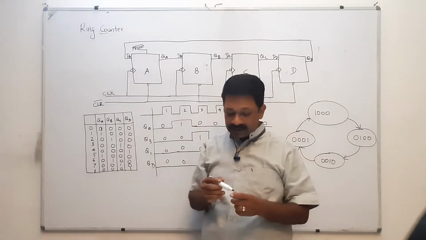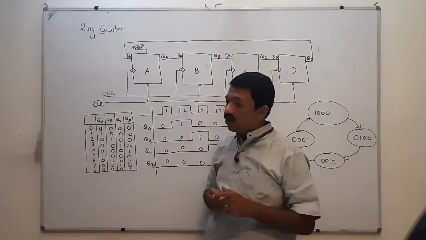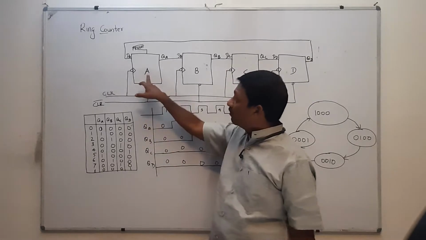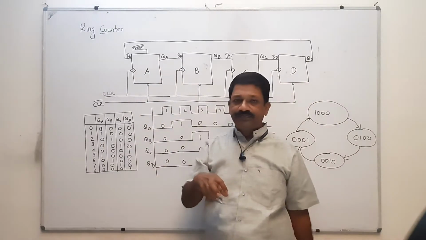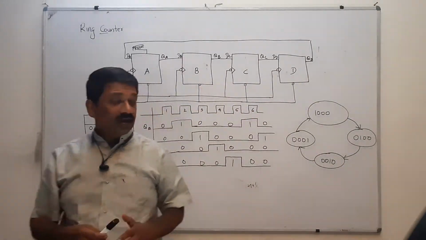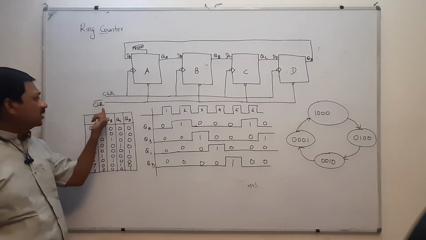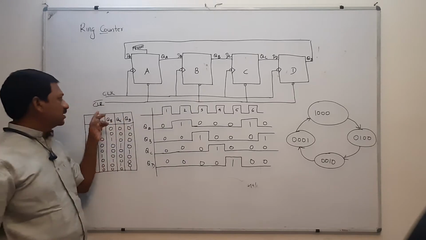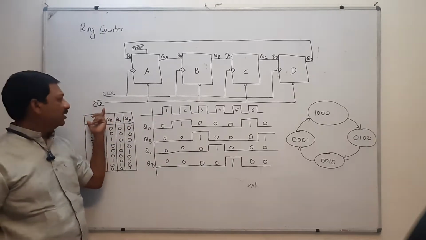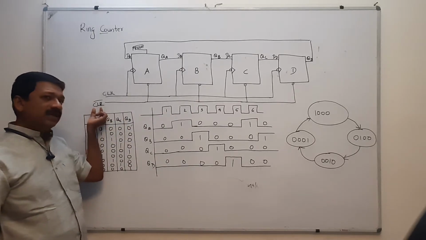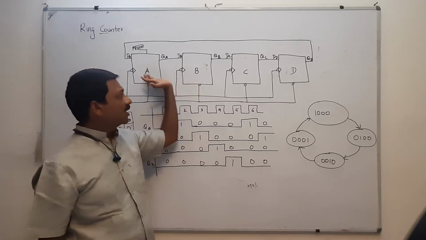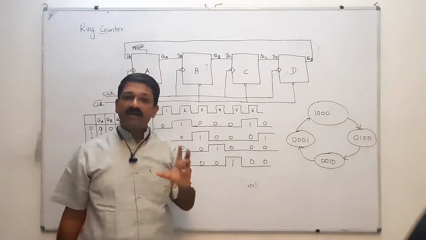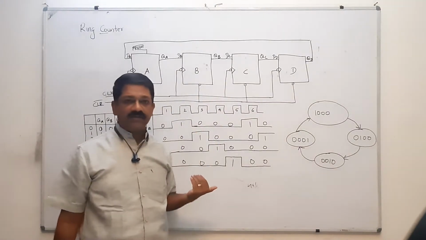When the preset signal is turned on, the content of the A flip-flop will be set. Here you have two signals. The clear signal is also an active low signal, so when the clear signal is low, the content of all the flip-flops A, B, C and D will become zeros, or they are reset.